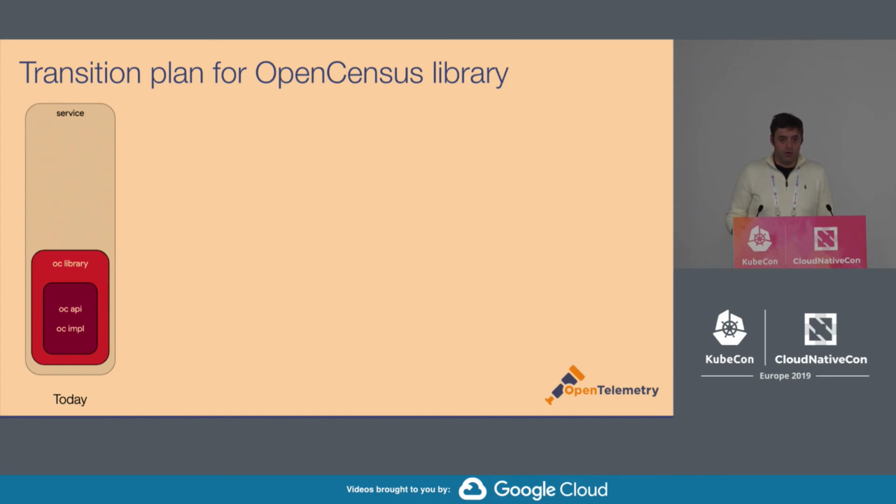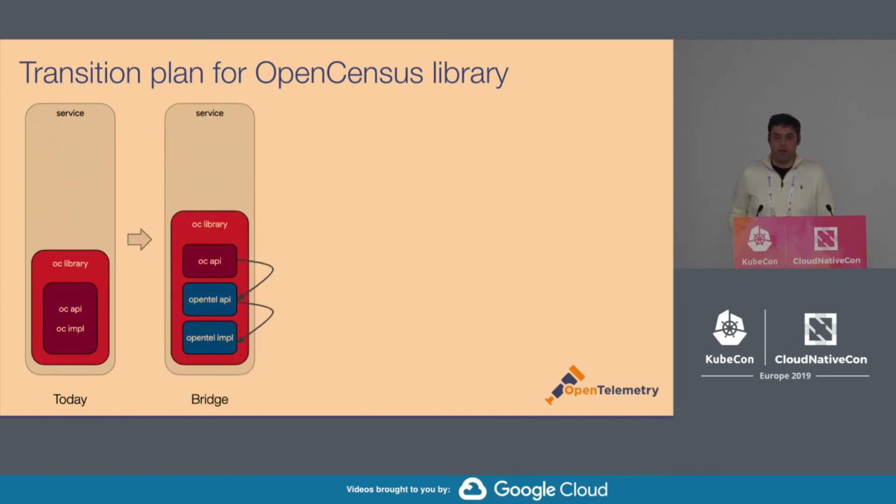After we have an alpha release, what we plan to do is immediately change all our public APIs to forward everything to the new project, which means we will delete most of the code from OpenCensus as part of this transition point. That means OpenCensus will become just a simple shim that forwards all the calls between the public OpenCensus API and OpenTelemetry.